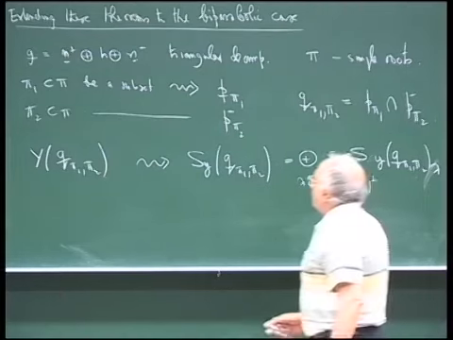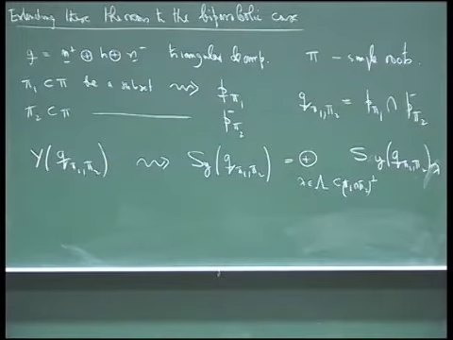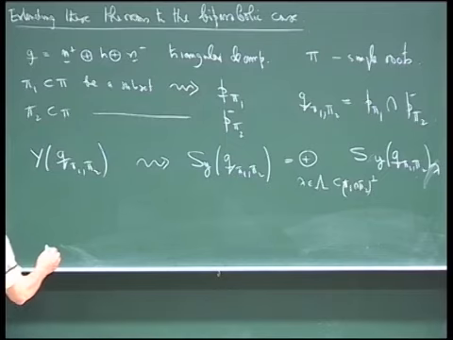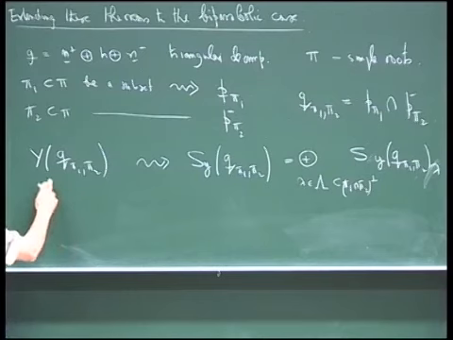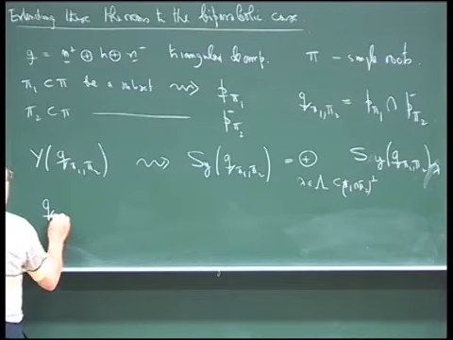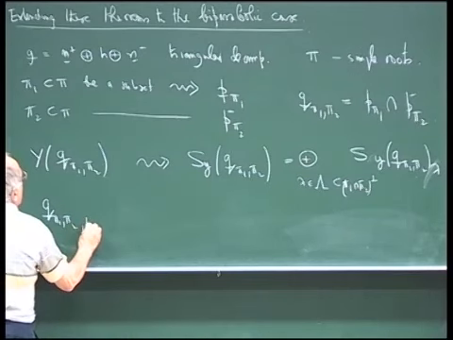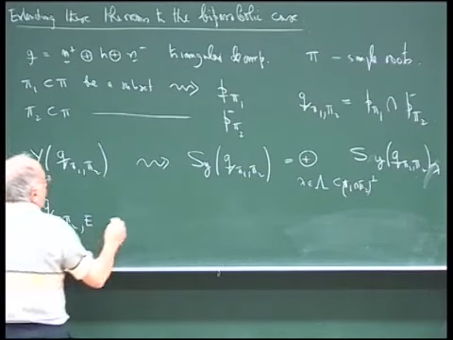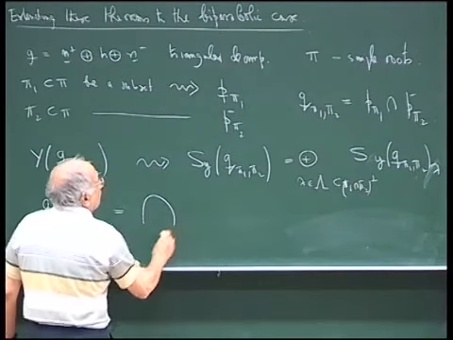And then there's a trick independently discovered by Borel and Chevalley, who observed that you can go back to this situation if you replace q of pi 1, pi 2 by its truncation, which is a fairly trivial thing. I'm not going to talk too much about this.